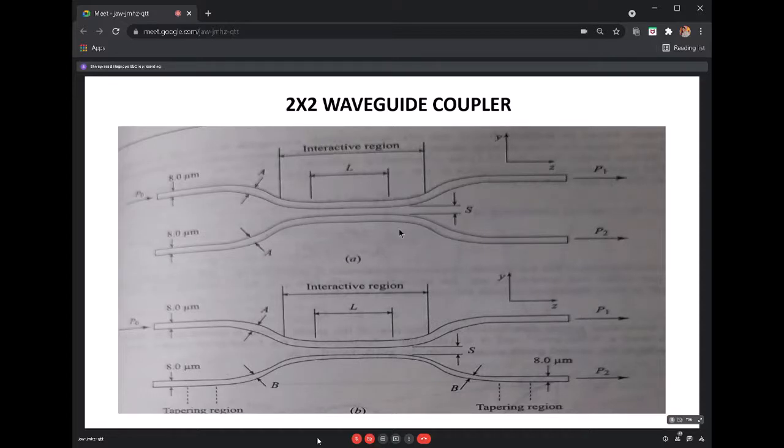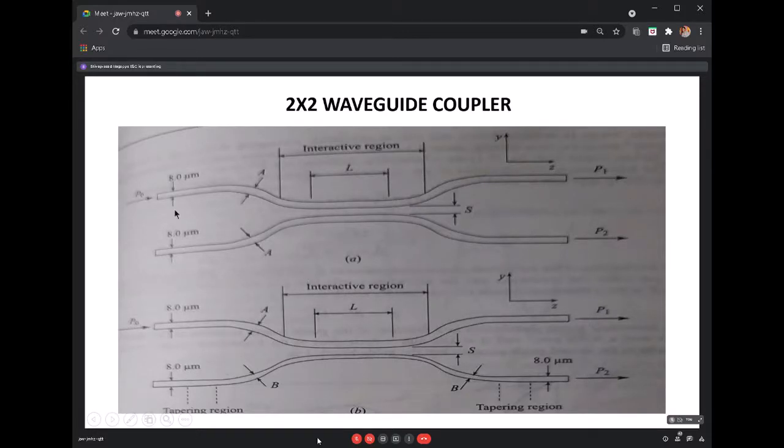This waveguide device has an intrinsic wavelength dependency, which is there in the coupling region. The degree of interaction between the guides can be varied with the width and the gap, through which you can control the coupling, and also based upon the refractive index.